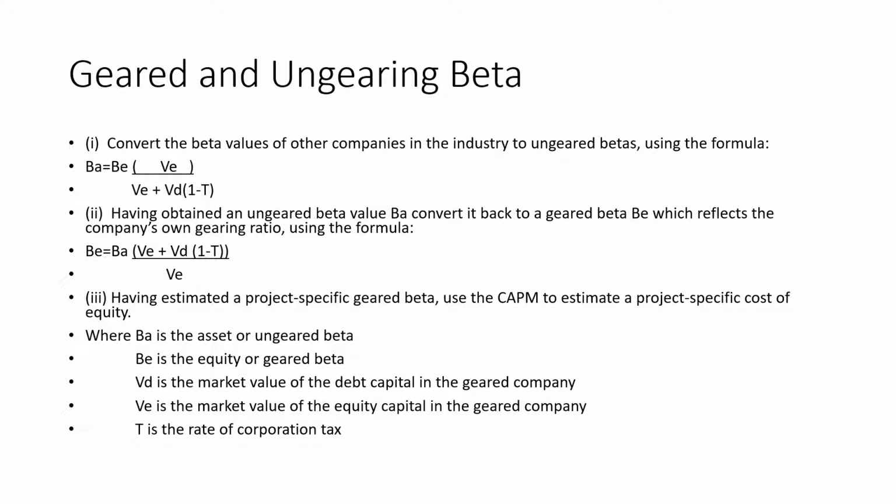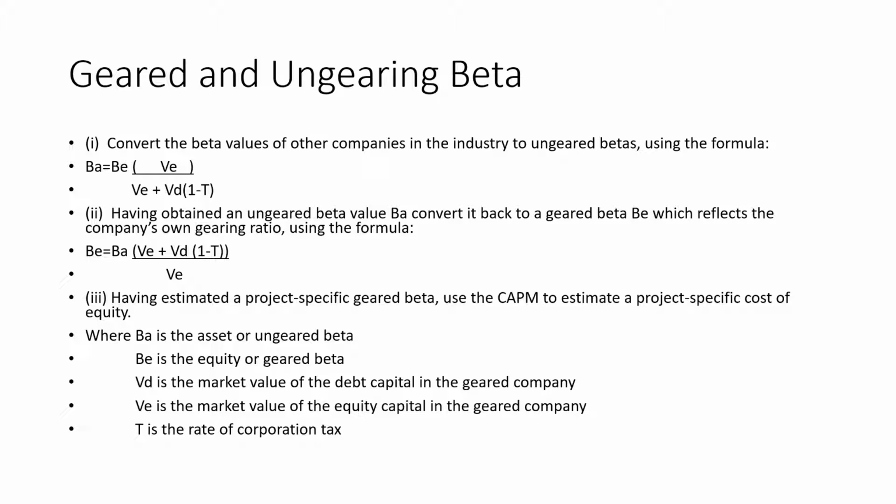1. Convert the beta value of other companies in the industry to an ungeared beta using the formula BA equals BE open bracket VE close bracket divide VE plus VD less tax. 2.